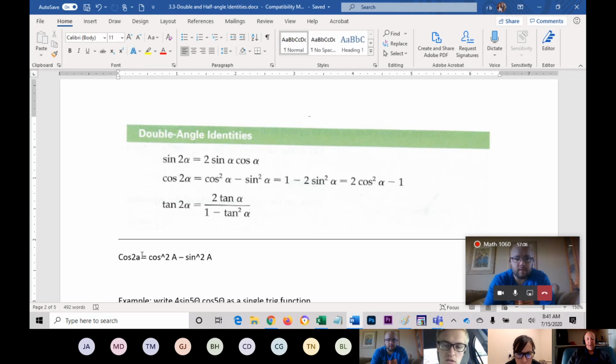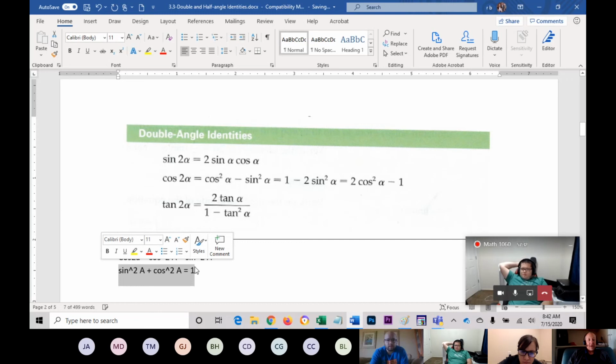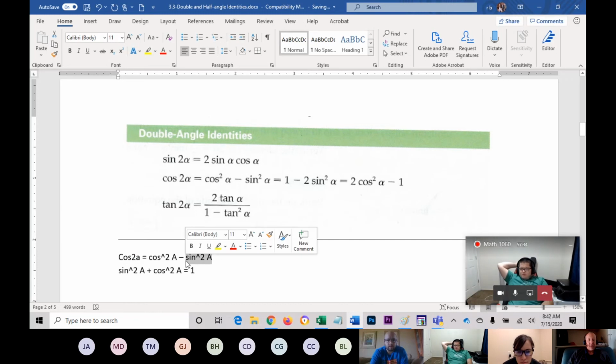Now, you also remember that the sine squared of alpha plus the cosine squared of alpha equals 1, right? That's from the Pythagorean identity. So now we can use this for either the sine squared or the cosine squared.